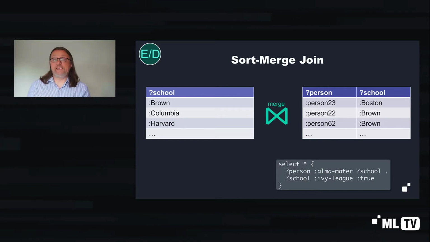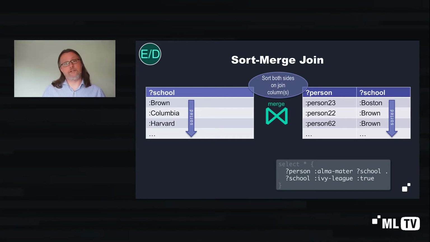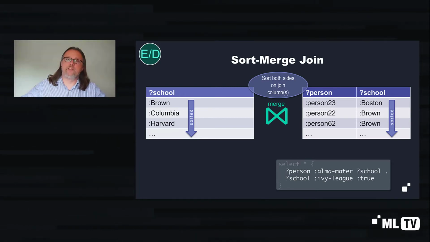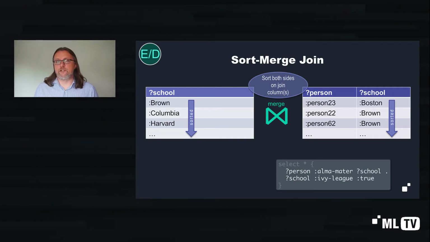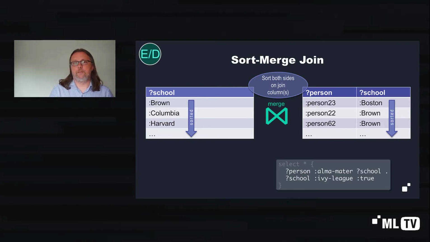So for a completely different join algorithm, the sort merge join first takes its two operands, the left and the right-hand side, and it makes sure that they are sorted. Now it may do that by implementing a brute force sort, a quick sort, bringing them all into memory and sorting them manually, or the optimizer is actually pretty good at arranging for results to come back already sorted by a particular column.